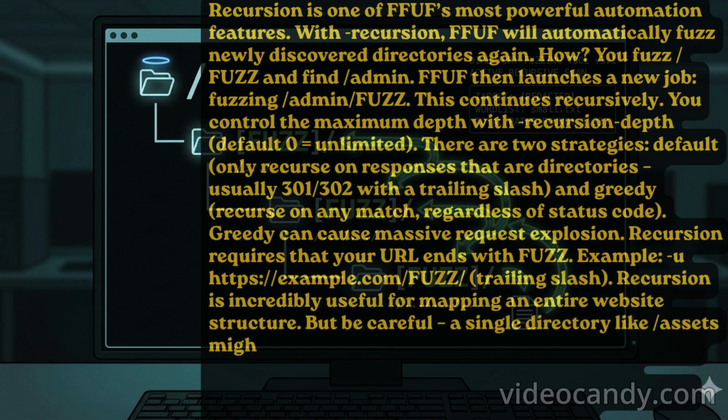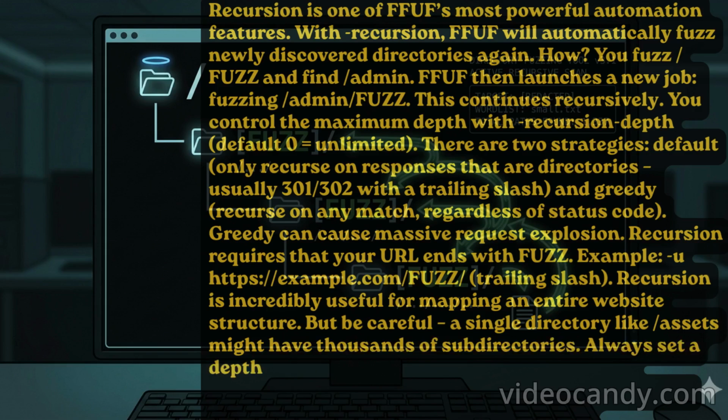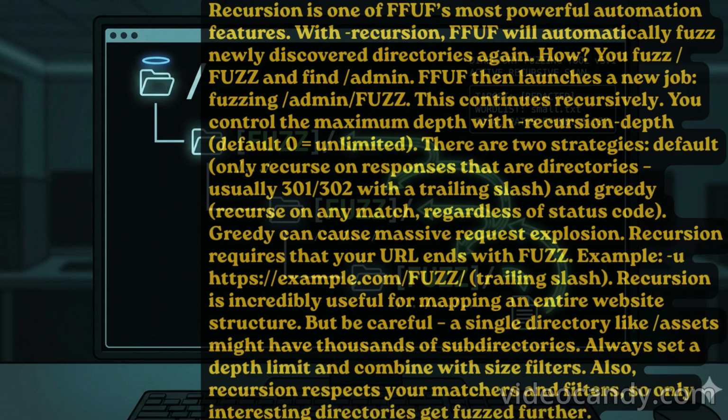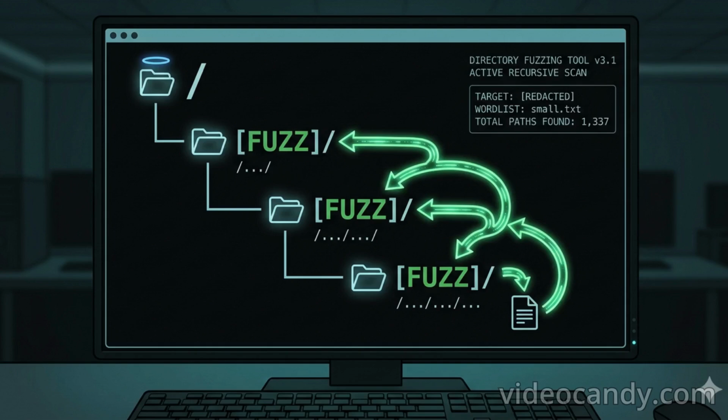Recursion is incredibly useful for mapping an entire website structure. But be careful, a single directory like /assets might have thousands of subdirectories. Always set a depth limit and combine with size filters. Also, recursion respects your matches and filters, so only interesting directories get fuzzed further.